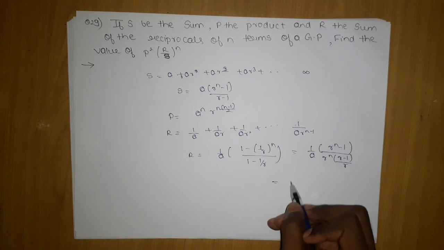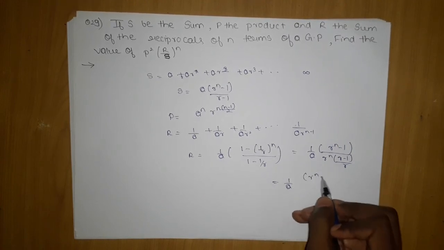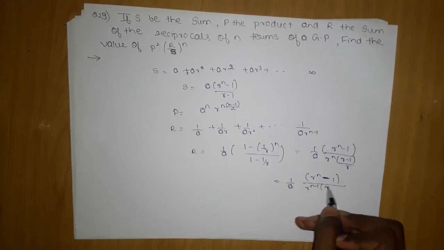So what we are getting is 1 by a into r power n minus 1 upon r power n minus 1 into r minus 1.